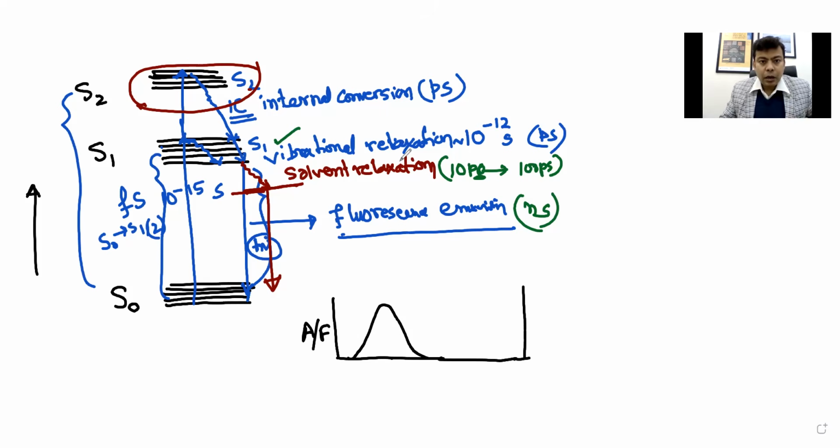I'll just change the color to this one. I'm normalizing the maximum intensity, and these two are not in the same unit. So this is the absorption spectrum.